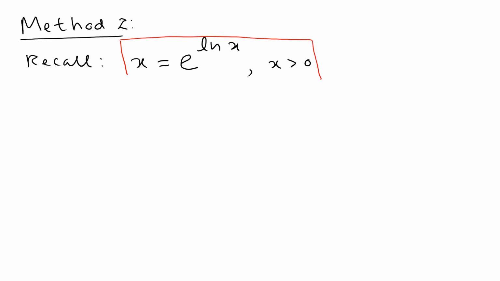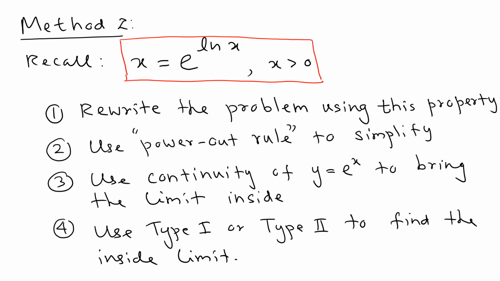We also used the same method to explain one of the results earlier. So we have these 4 steps. The first one is to rewrite the problem using this new property, replacing the expression by e to the ln of the expression.